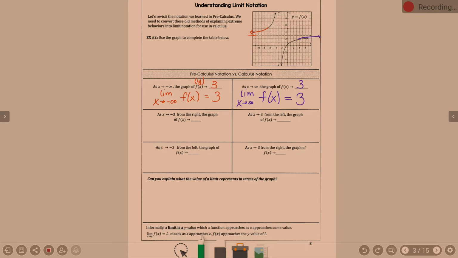As we approach it from the right, where's my graph going? Down to negative infinity. Is that making a little bit of sense? Now, for notation, the limit as x approaches negative 3 from the right means I'm going to put a plus after it, of f of x is equal to negative infinity.